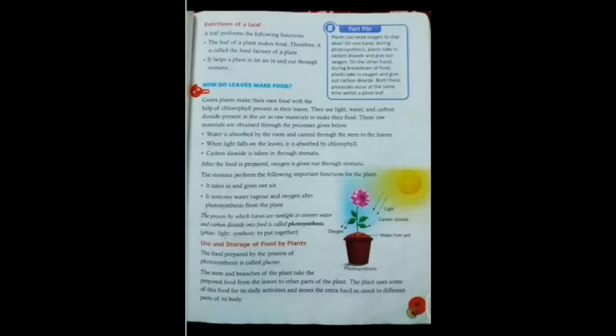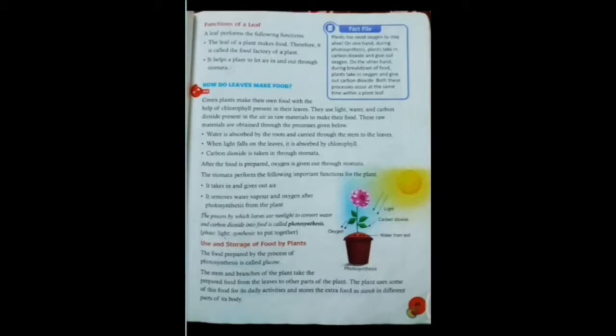For example, water is absorbed by roots and it is carried through stems to the leaves. Light is absorbed by chlorophyll and carbon dioxide is taken in through stomata. Okay, water is absorbed by root, light is absorbed by chlorophyll and carbon dioxide is absorbed through stomata.